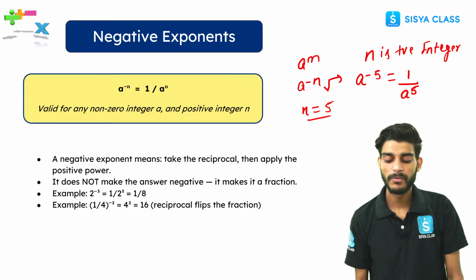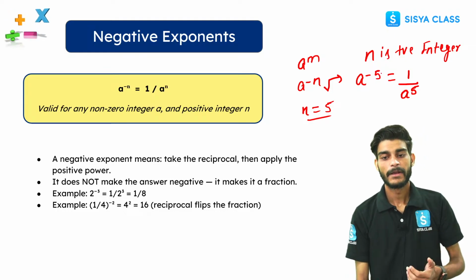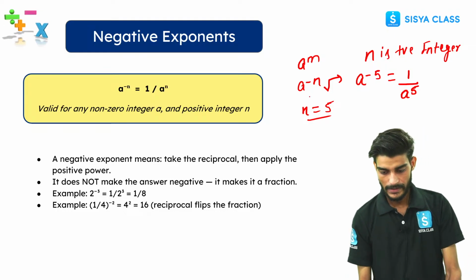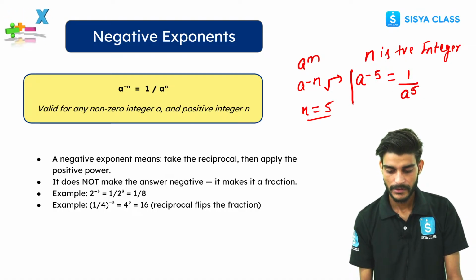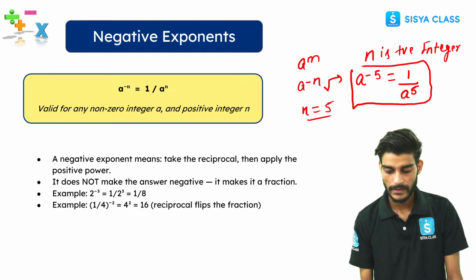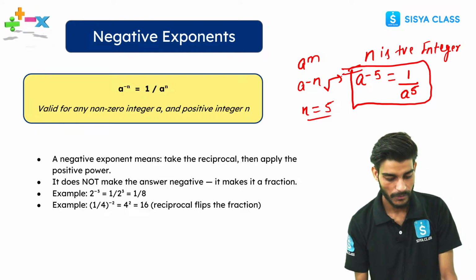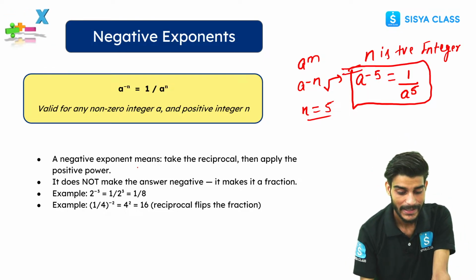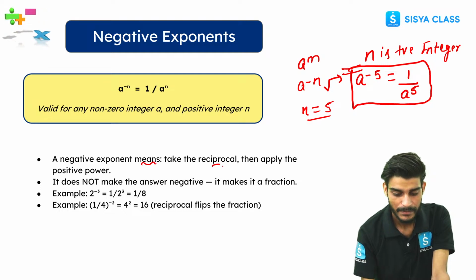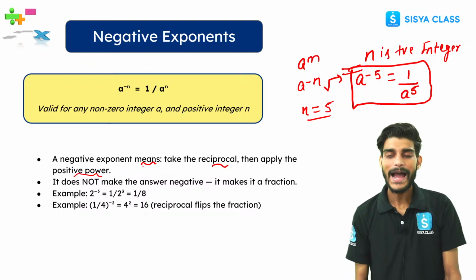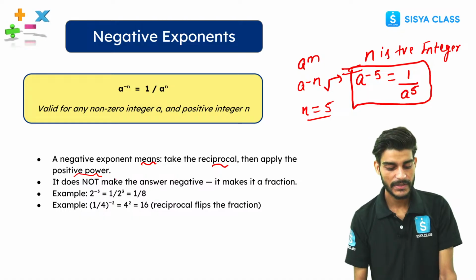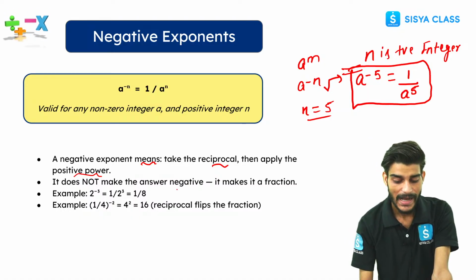If I want to make the power positive, I'll just write this as 1 upon a raised to the power 5. So this one is an important property. I hope you will remember it. A negative exponent means simply take the reciprocal, then apply the positive power. Means if you want to make the power positive, I'll take the reciprocal and make it positive. Clear? It does not make the answer negative.